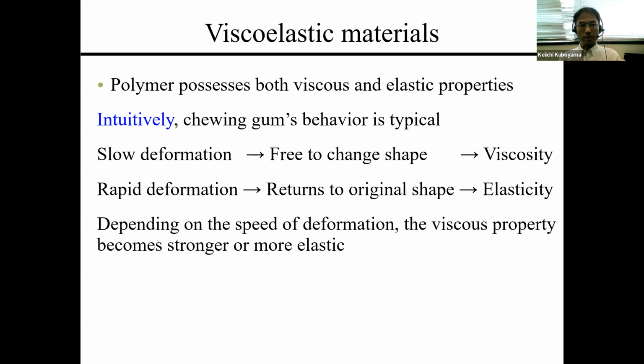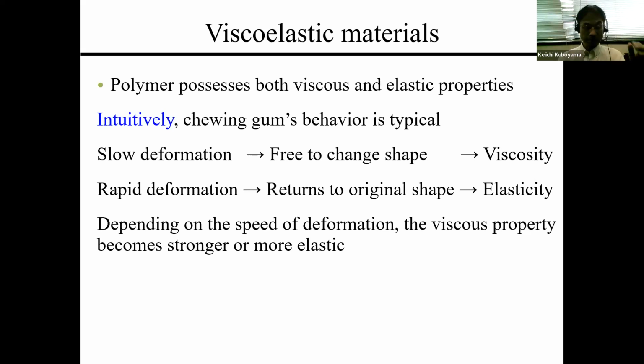So for example, when you think about a chewing gum, when you elongate the chewing gum slowly, the shape changes. And when you release the stress, you can maintain almost that shape and it doesn't return to the original shape.